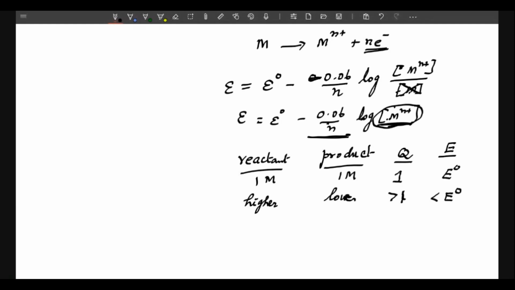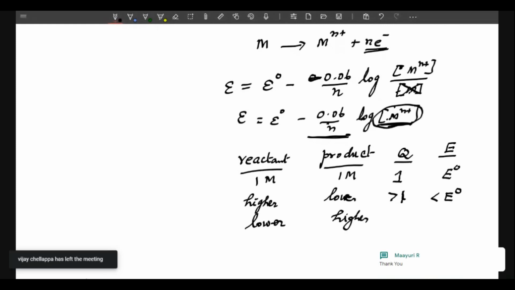On the other hand, if the reactant concentration is lower and the product is at higher concentration, because the quotient is the concentration of the product divided by the concentration of the reactant, therefore the quotient value is... Yes, I have made a mistake here.